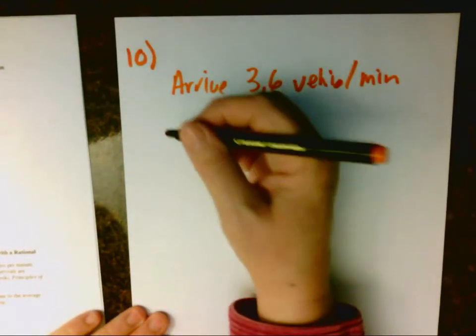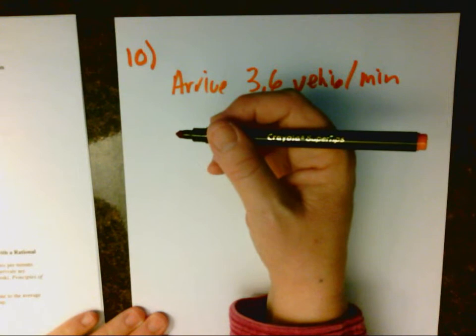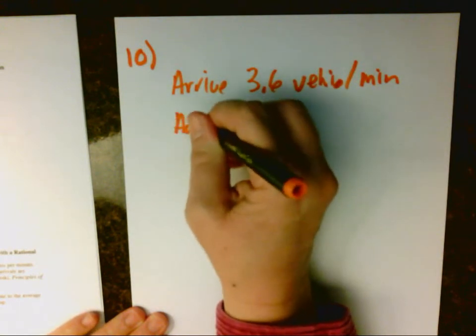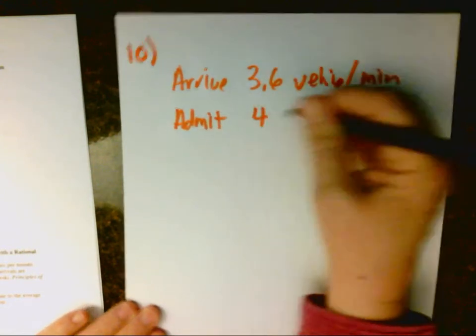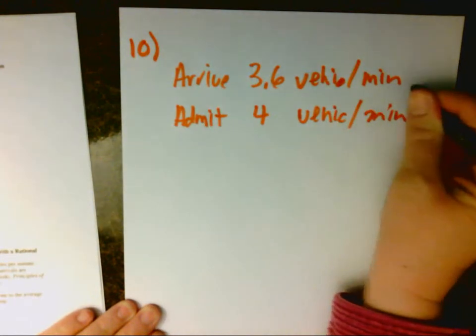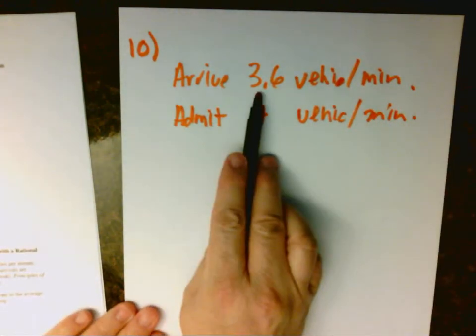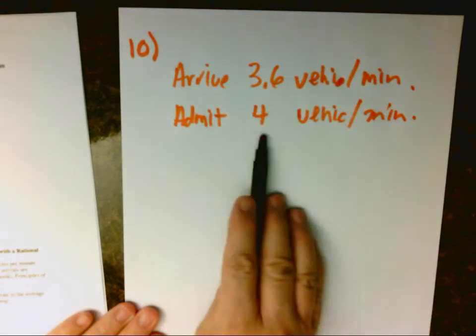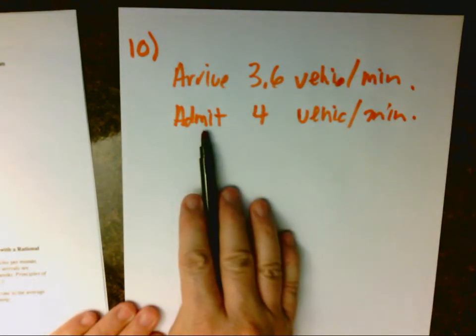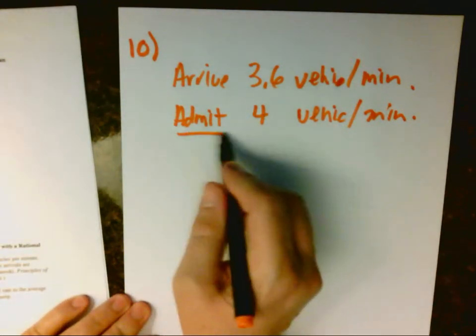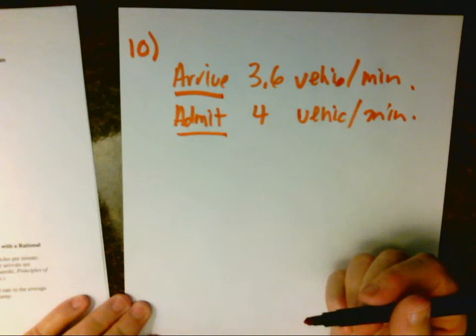And then it says the parking attendant can admit 4 vehicles per minute. Okay, so this is the average rate that they arrive. So sometimes more are going to arrive, like they might have as many as 10 in 1 minute, right? And it'll back up. The admittance people that let you into the garage can only process 4 people per minute. Okay, that's the admitting rate and the arrival rate.